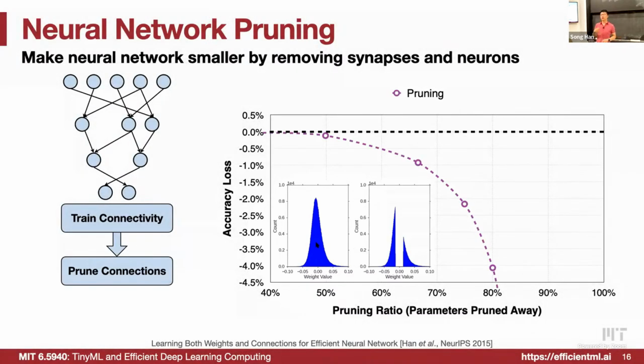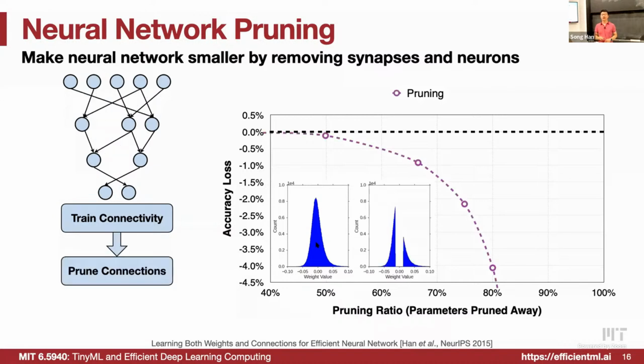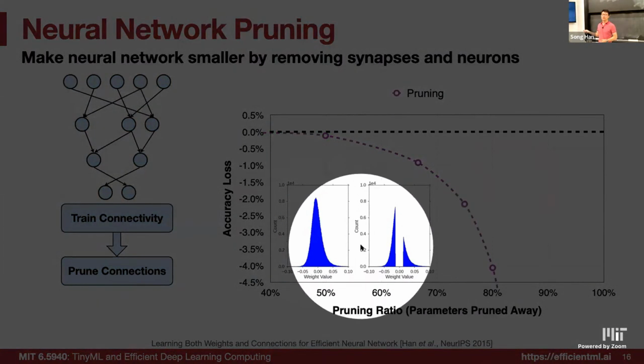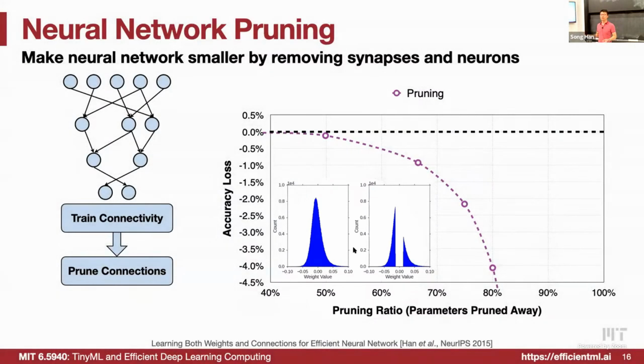And then we can gradually prune the connections. Previously it was dense, now it becomes sparse. As we get sparser, we remove those small connections, those small weights. As a result, you can see the weights centered around 0 disappeared. We remove them, meaning that we've zeroed them out. So the distribution changed.